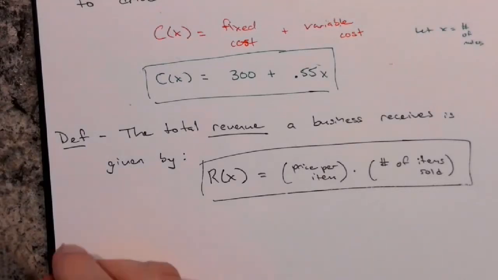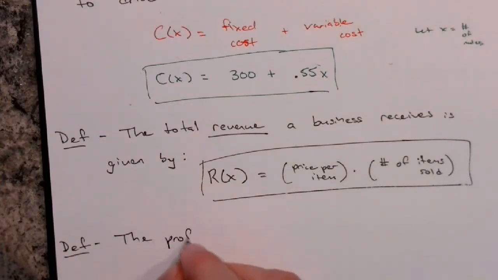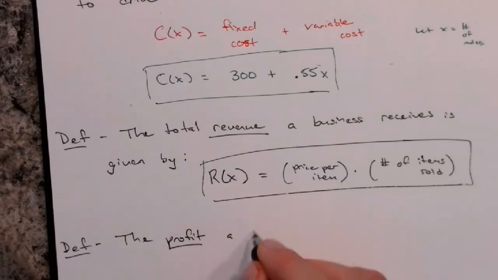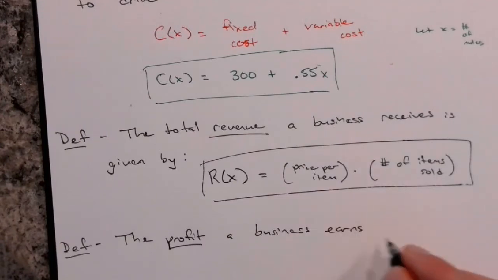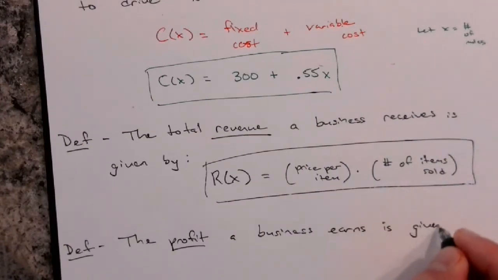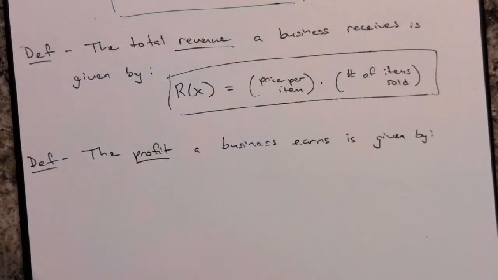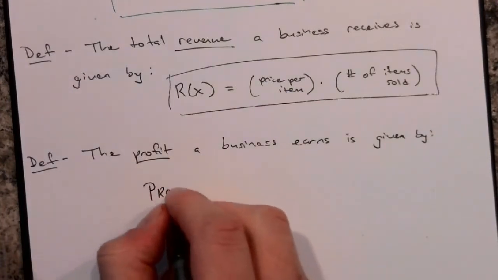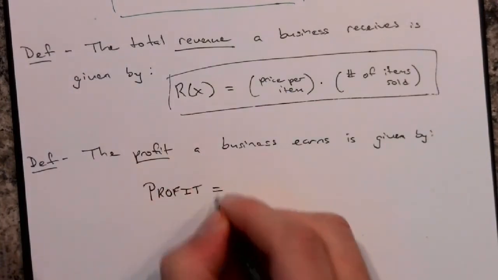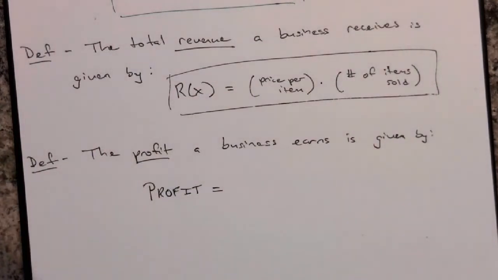So for our definition here, the profit a business earns is given by, well, we'll use words first. Profit is equal to, well, how do you make money in a business?